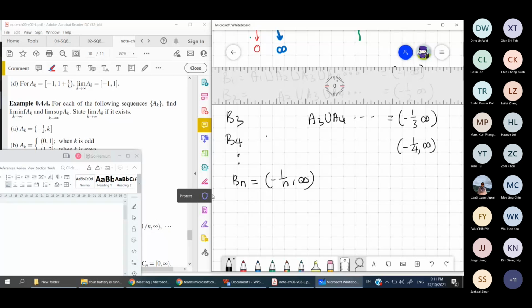Okay, this is the general pattern for Bn. So then we can calculate the limit supremum, sorry, of AK will be equal to, we are taking the intersection for all the Bn.